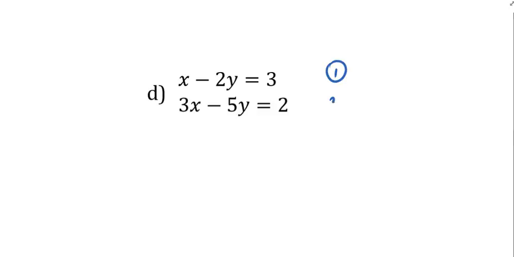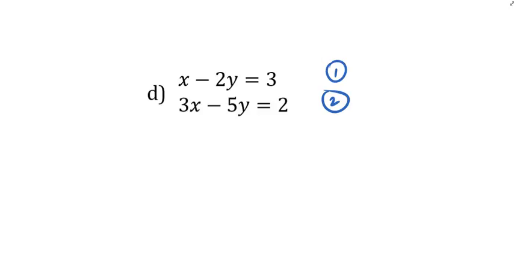Right, so in equation 1, I could take 2y, move it to the other side, and it would say x equals, and I could substitute. What would you do for elimination? Very nice. Multiply the first one by 3 so the x's match, and then you could eliminate x. Can you eliminate y?